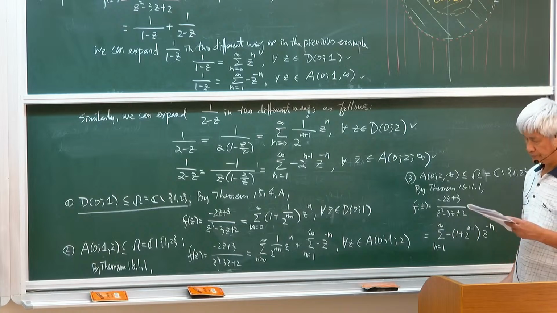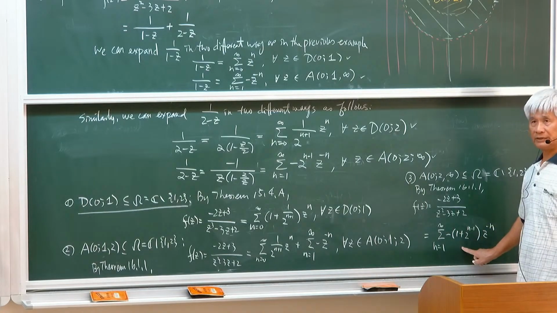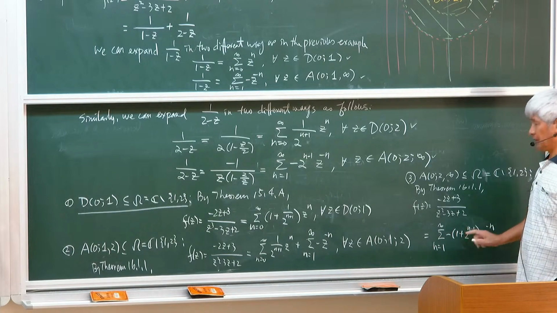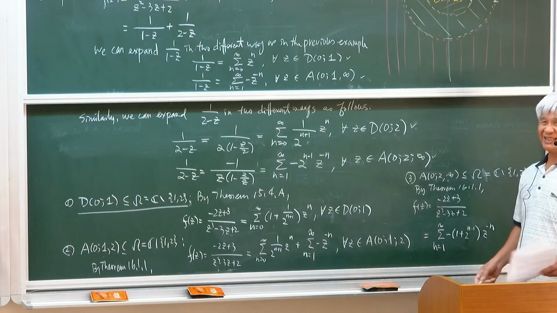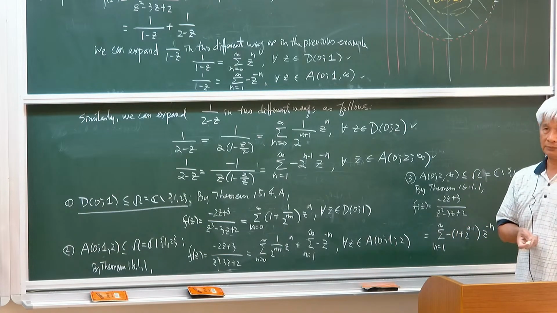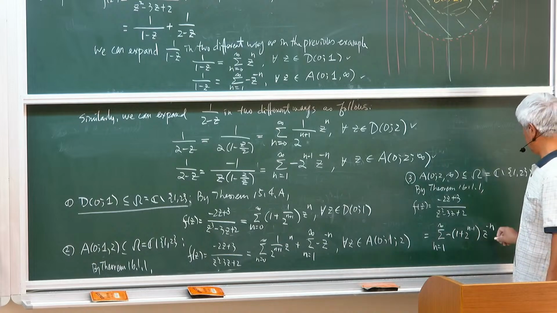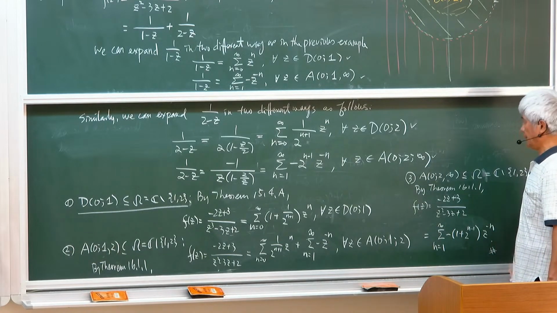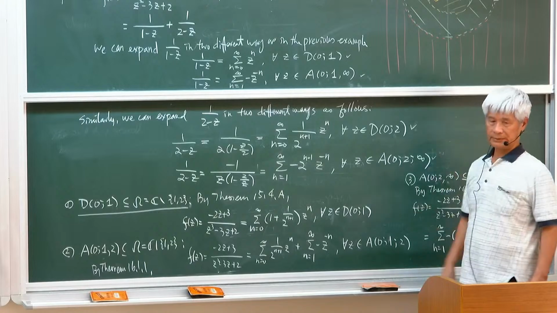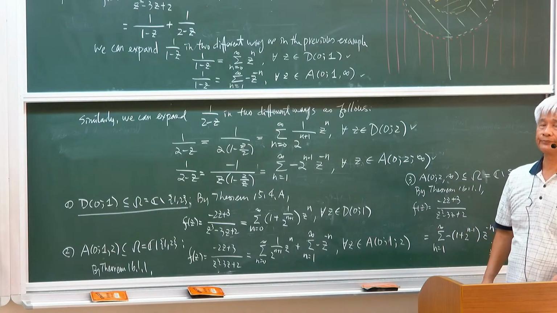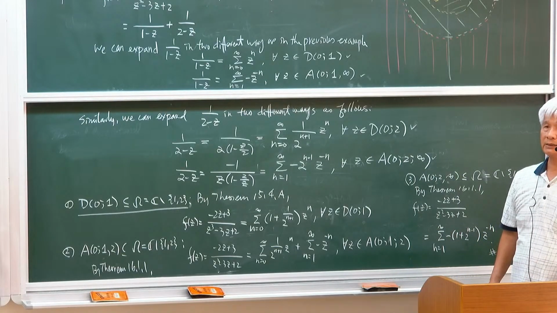Okay? So you have this Laurent series expansion here, and this Laurent series expansion contains only negative powers. Only negative powers here. Any questions?